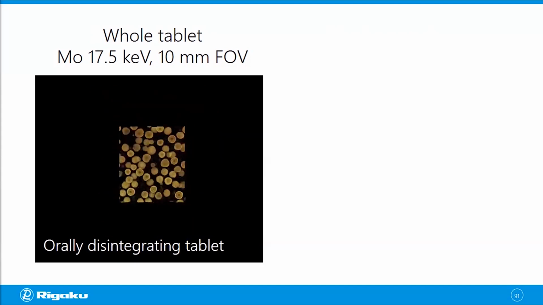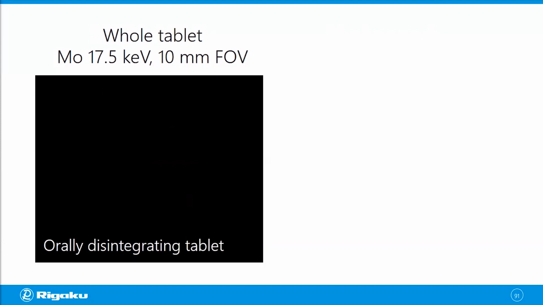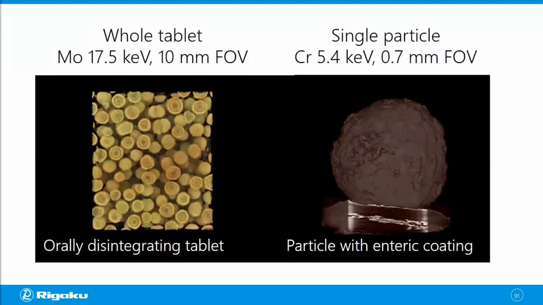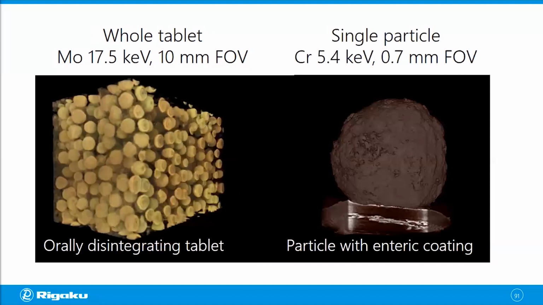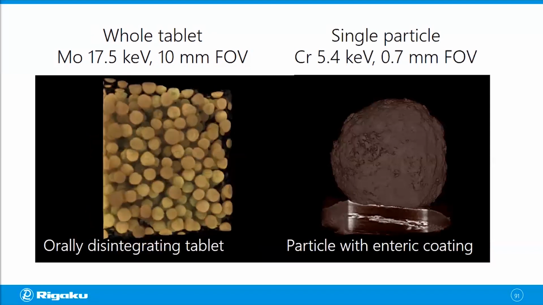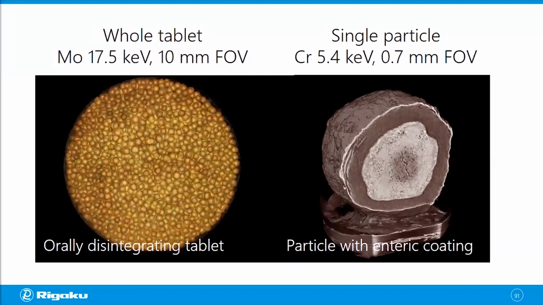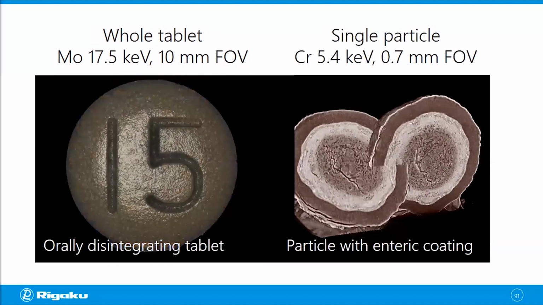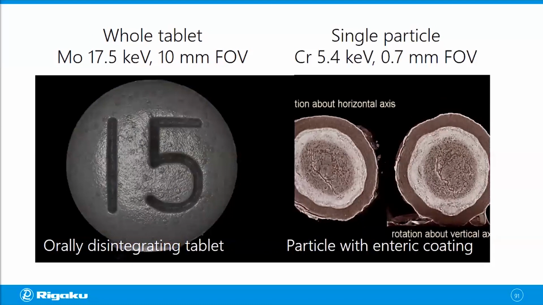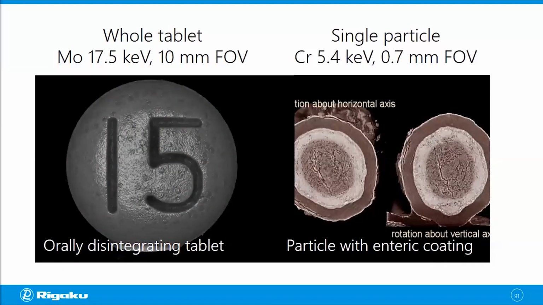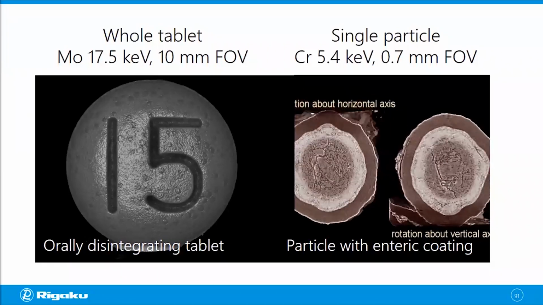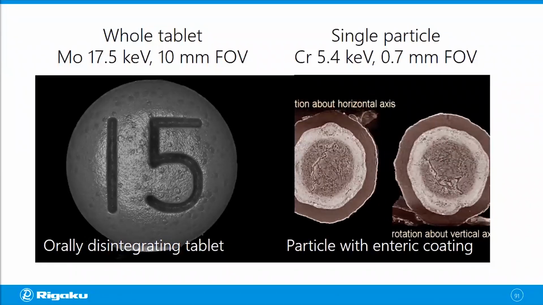If you want to see more details in those particles, then you would switch to chromium 5.4 keV, even lower energy, and use 0.7 millimeter smaller FOV. Then you can use, in this case, less than 0.3 micron resolution to see multiple coatings and cracks in different phases and voids inside of a 0.5 millimeter diameter particle.